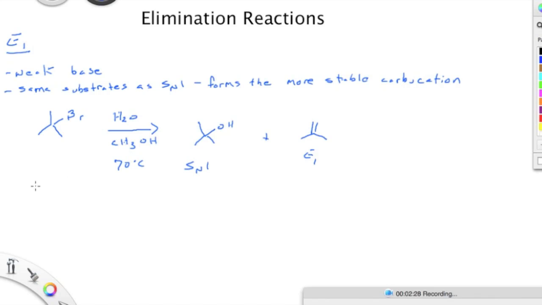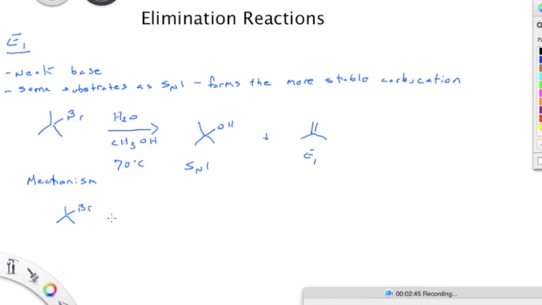So let's look at the mechanism of what's happening here. Mechanistically, you already know that you're going to go through a similar pathway as with SN1 reactions.